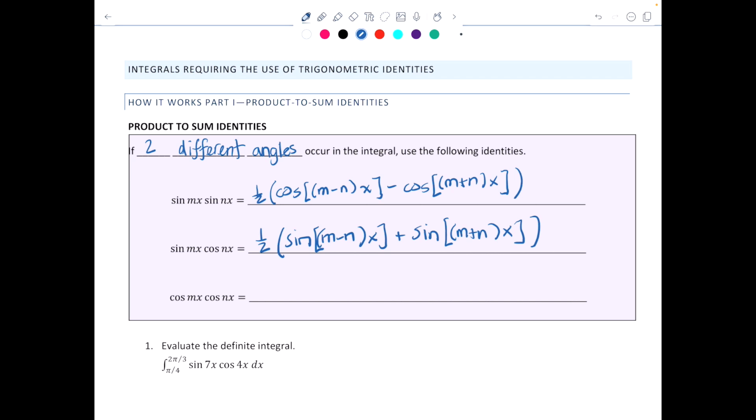And then if you have cosine of mx times cosine of nx, you're back to having the cosine in both, and there'll be a plus sign in between them. So now this will be the cosine of the difference of the two angles times x plus the cosine of the sum of the two angles times x.